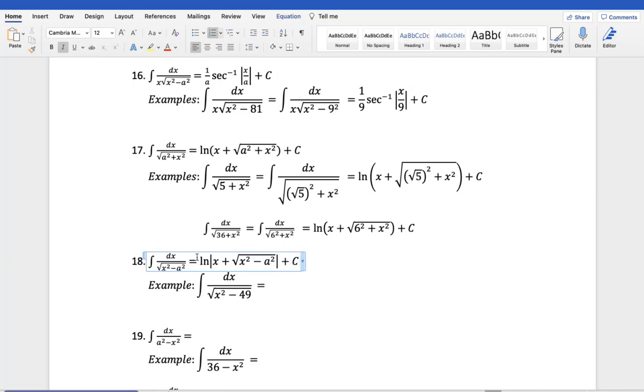Once again, we are doing this for positive values of a, so we could say that a is greater than 0.